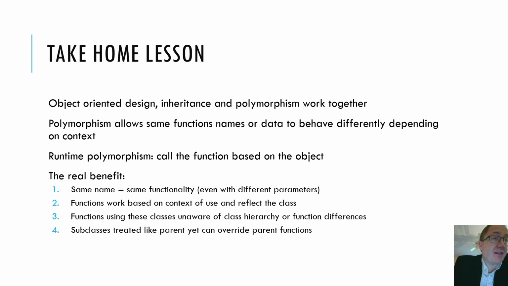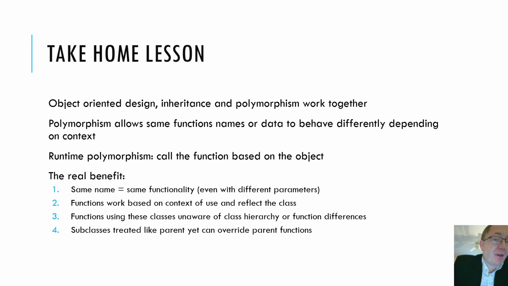And polymorphism allows me to have multiple different functions or multiple different types of variables and treat them in different ways. So two ways of calling the same function depending on the parameters being called. Or in our case of runtime polymorphism, when I call the function, it figures out what class the object is and calls the correct function accordingly based on a virtual table.